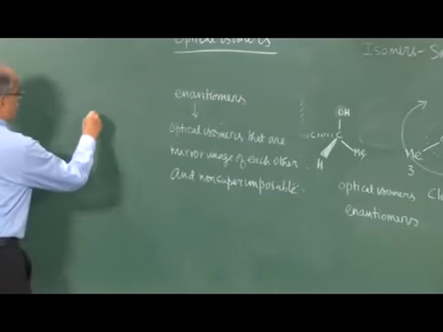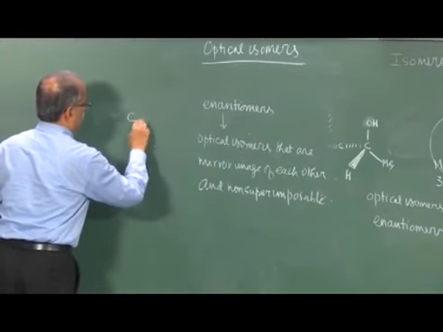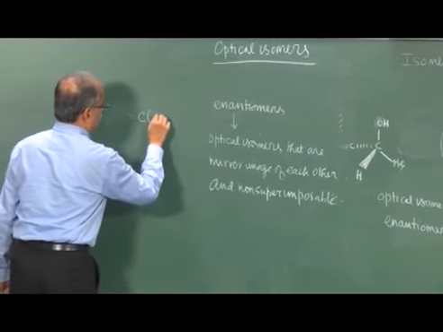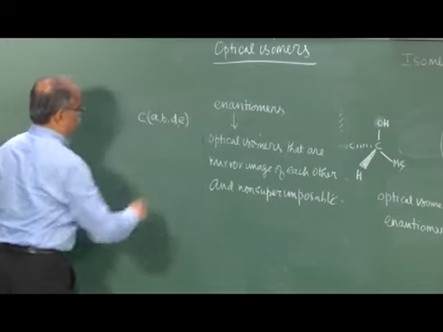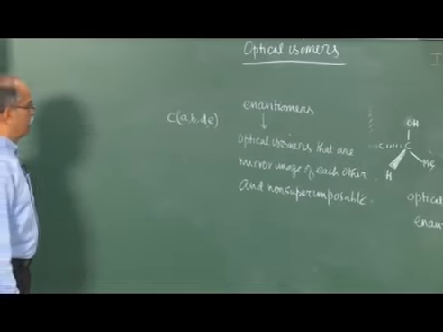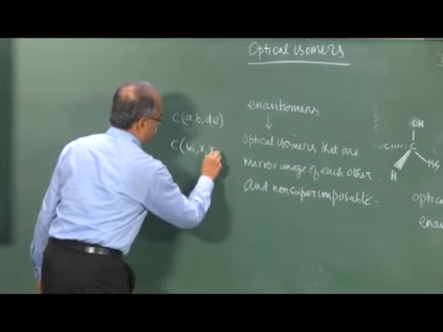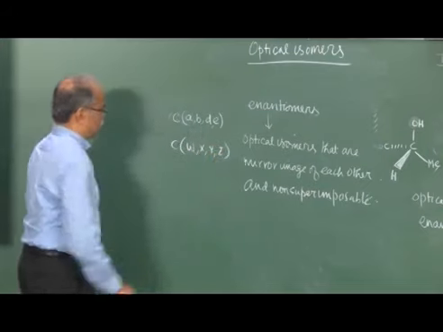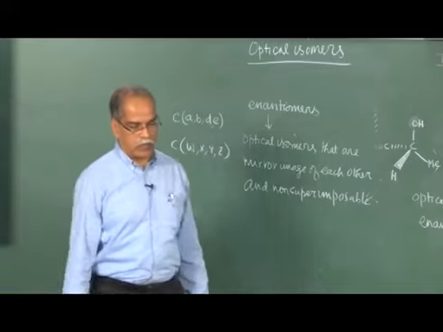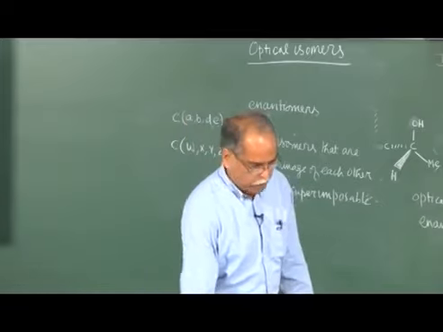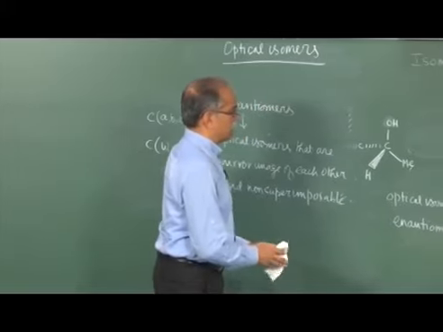So, any molecule which has four different groups attached, for example, to this molecule, they would constitute a set of isomers which are known as the optical isomers or the enantiomers. In this particular example, the lactic acid example is illustrated.